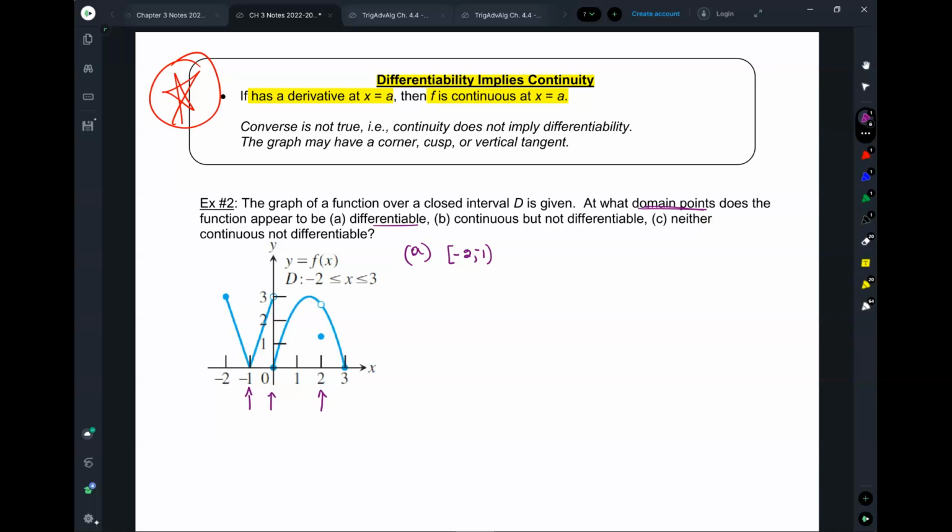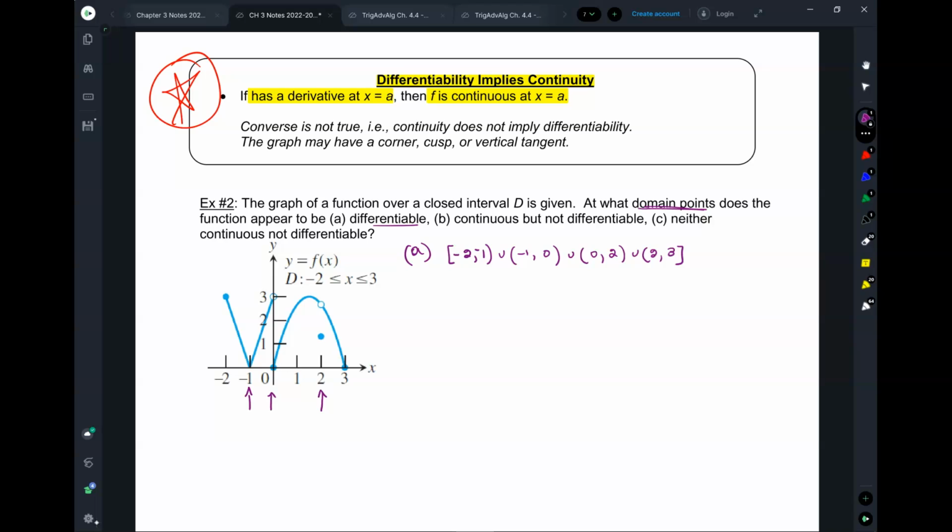It's not differentiable at -1, so I have to have an open parenthesis there. And then it's differentiable from -1 to 0, but I can't include -1 or 0 because it's not differentiable there. It's differentiable from 0 to 2, and then again from 2 to 3.